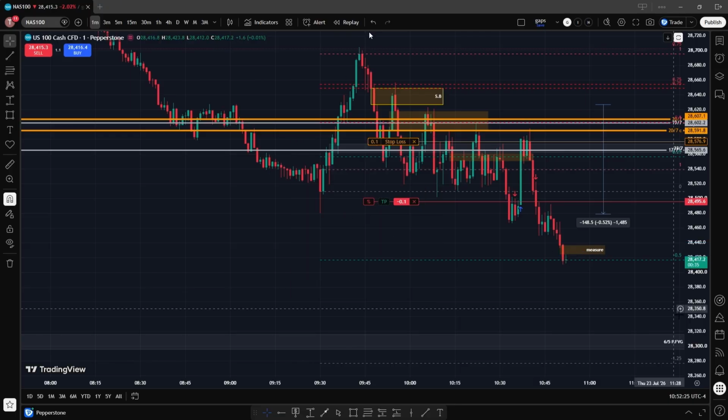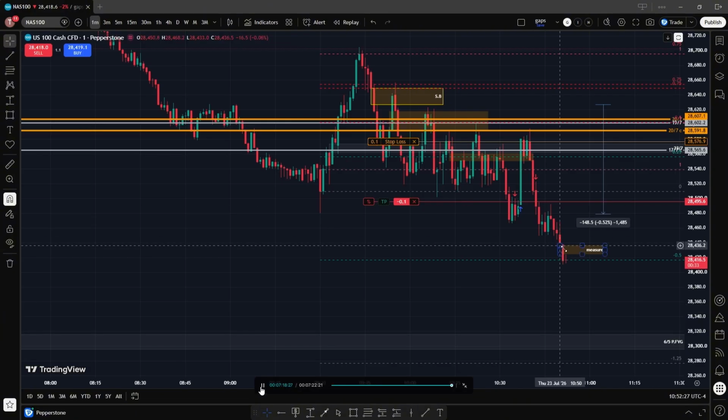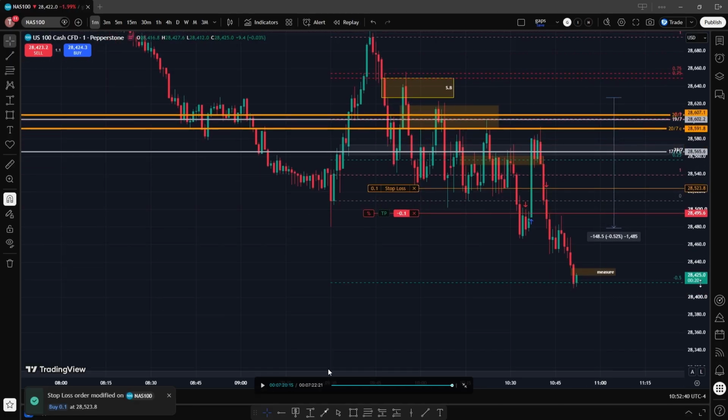Standard deviation of the opening range, 0.5 hit easily, 80 points there. Stop loss is shifted. Just going to show you guys the business. It's 22%.